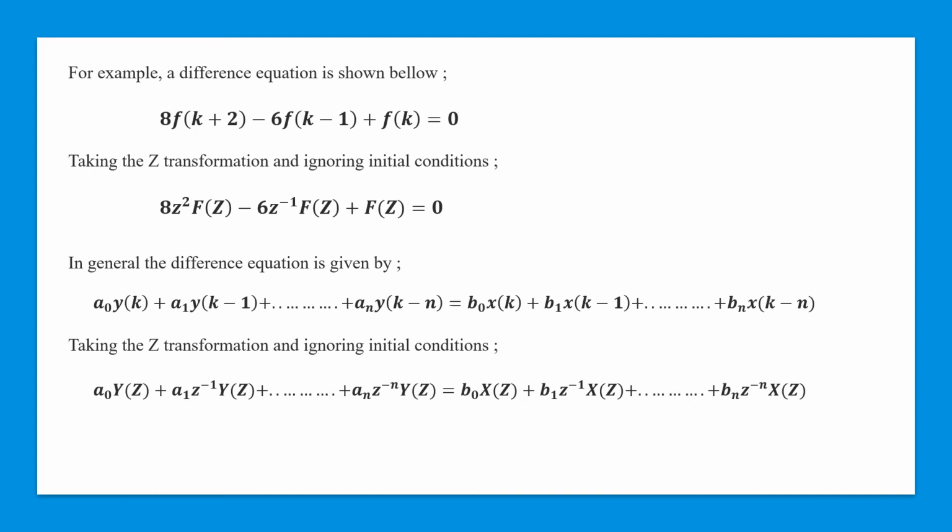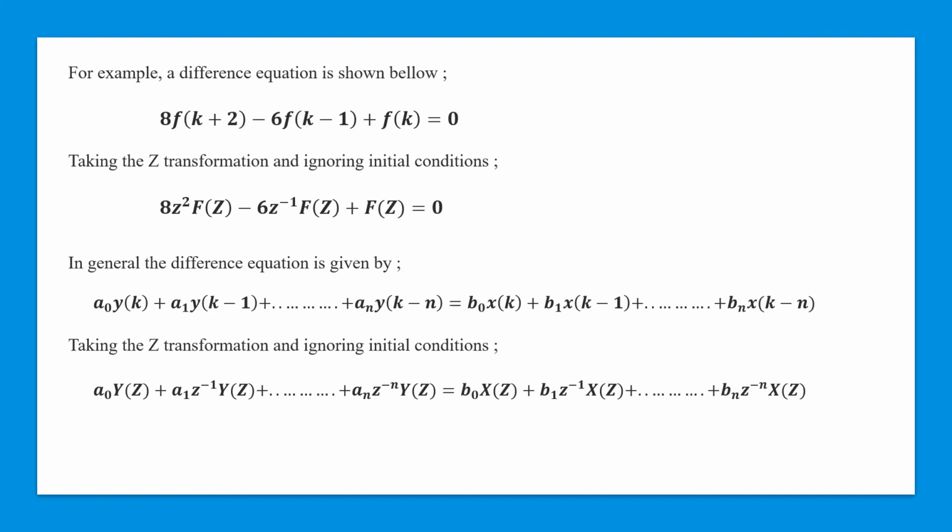So in general, the difference equation can be expressed as a0 y(k) + a1 y(k-1) + up to an y(k-n) equal to b0 x(k) + b1 x(k-1) up to bn x(k-n).